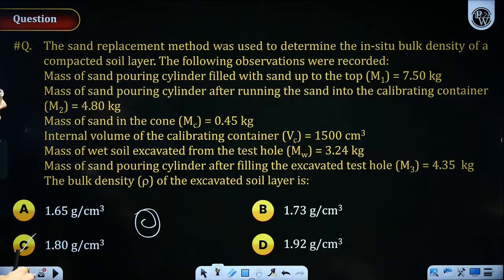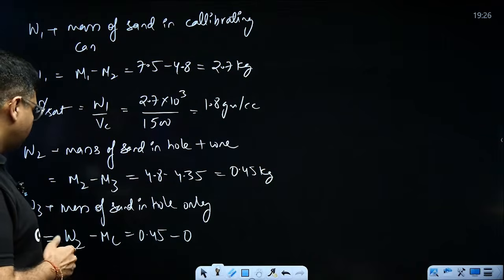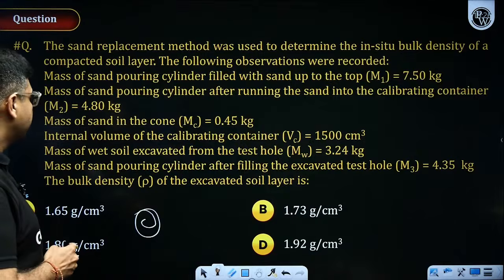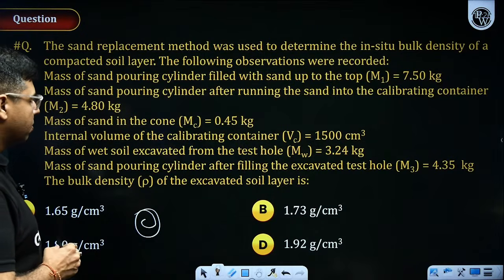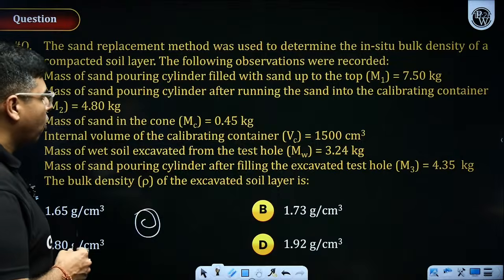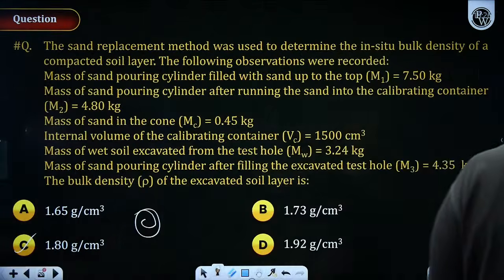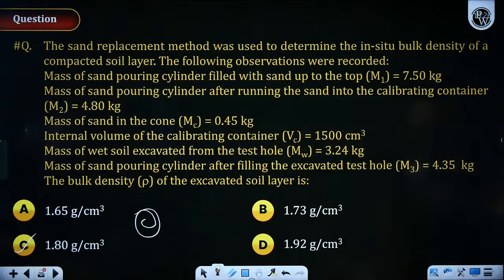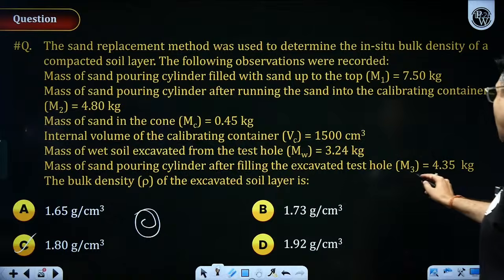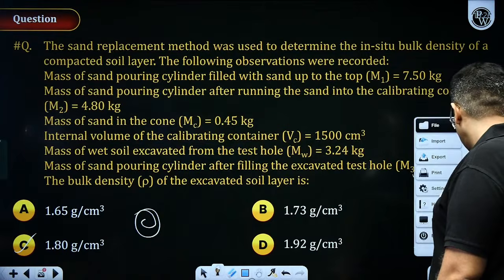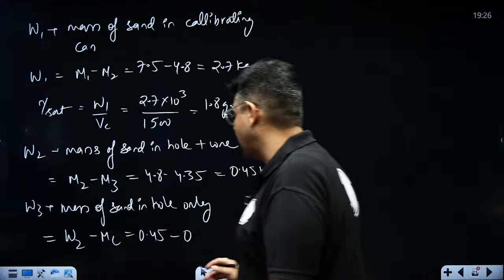Okay. This will come out to be 0 then. Something wrong has happened here. Mass of sand in cone we have taken. This should be M1 minus M3. When we started the experiment, we filled the sand once again.